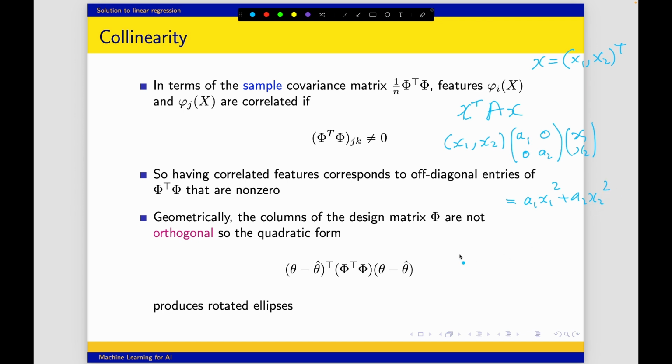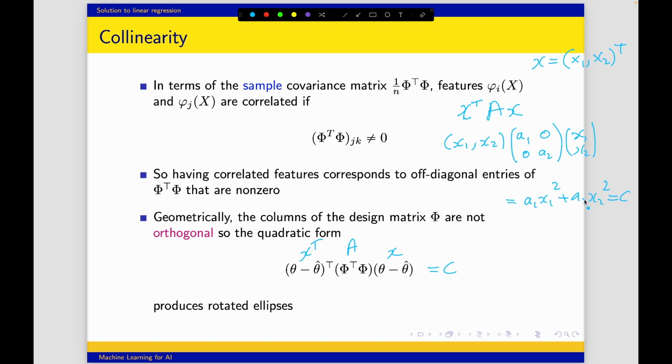This is the equivalent of this, where I've just replaced this with an x. This is an x transpose, and this is just some A, which happens to be diagonal. And if we set this equal to a constant, we'll get these contours. What's this? Well, if a1 is equal to a2, we'll get a circle. All of the points x1, x2 that satisfy this constraint will lie in a circle.